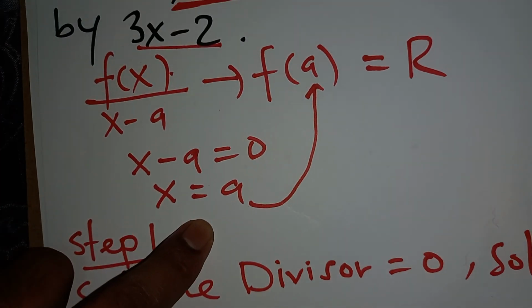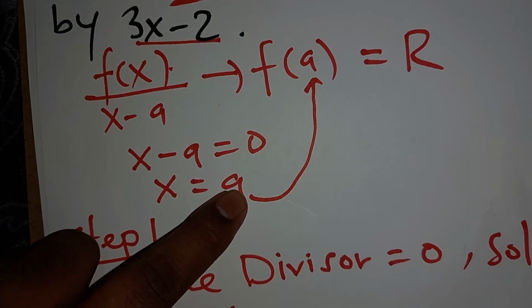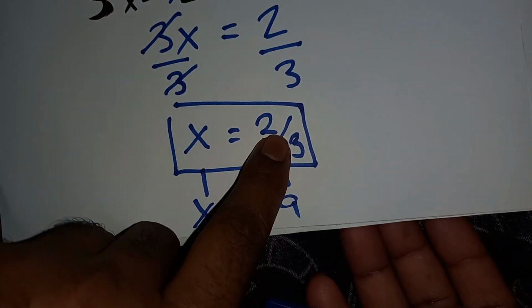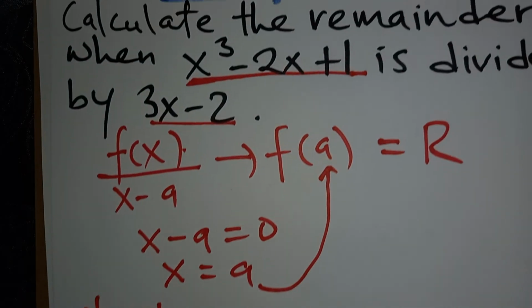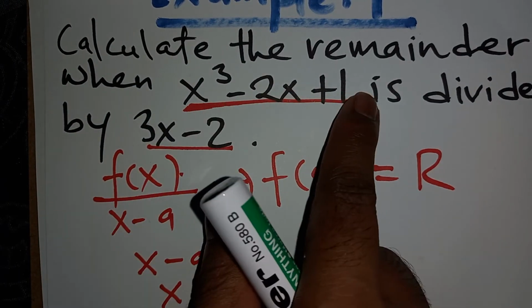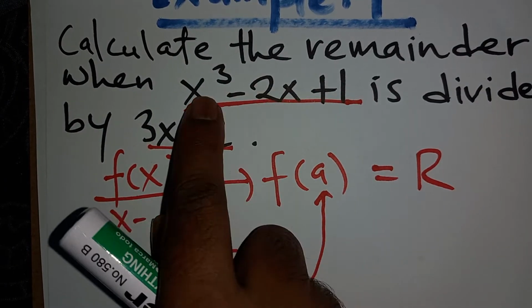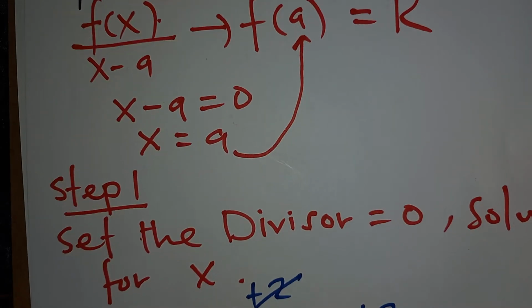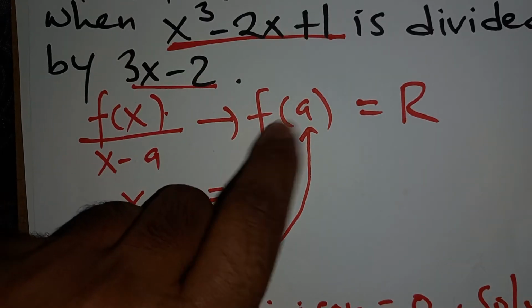Now what we have to do is take this value of a and substitute it in this function here. Wherever you see x, you substitute a there. That is what we say f of a.